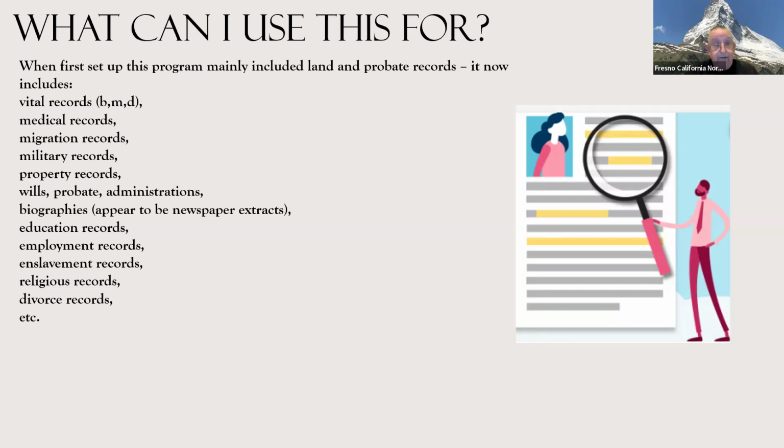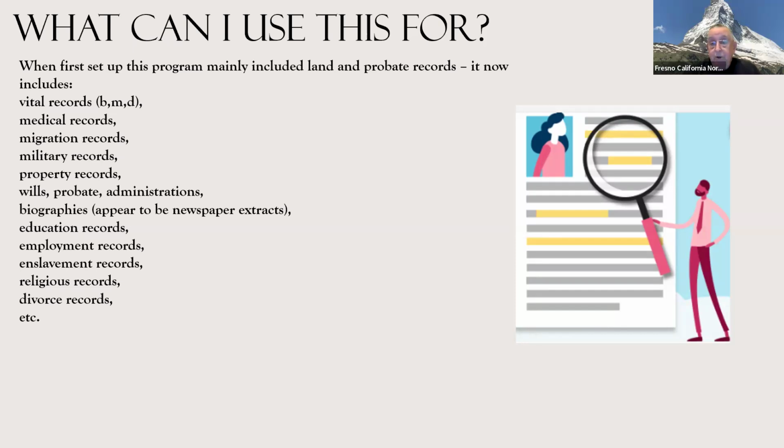I see medical records listed, migration records, military records, property records, wills and probates, administrations, a thing called biographies, which when I've searched them appear to be newspaper extracts. And there's education records, employment records, enslavement records, religious records, divorce records, and on and on. You see the breadth of things that are here.